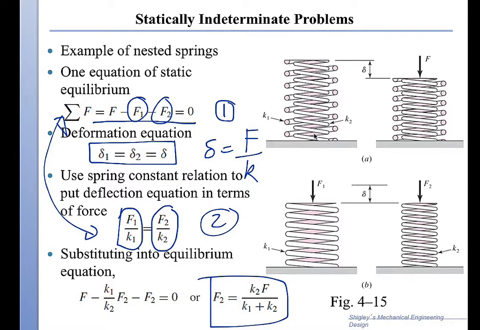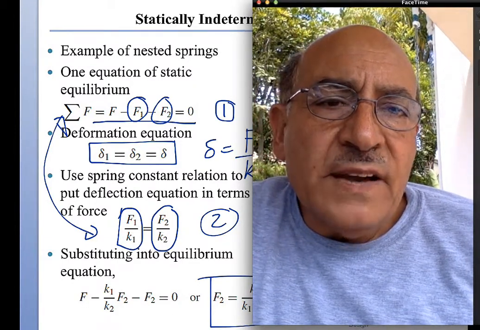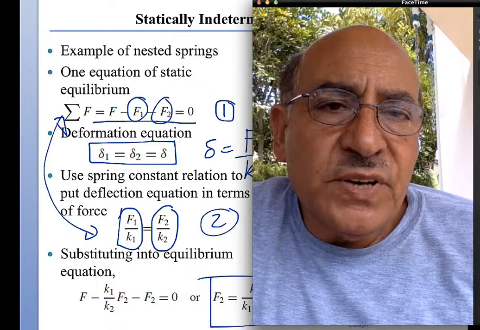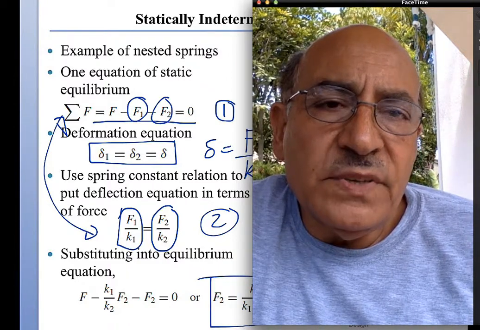times F. In other words, the force F is split, and it's split such that the magnitude of the force is proportional to the stiffness of the component. So as we expected, if you have a stiffer member, K2 is high, then the force associated with it will also be high.